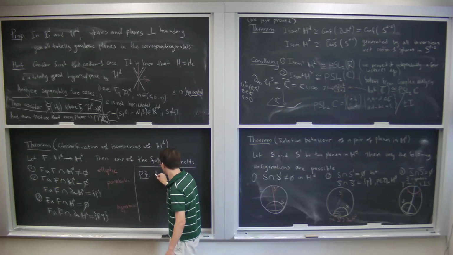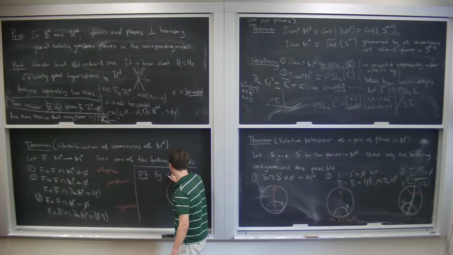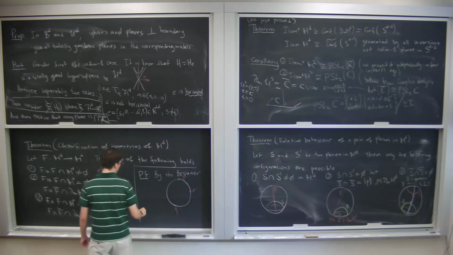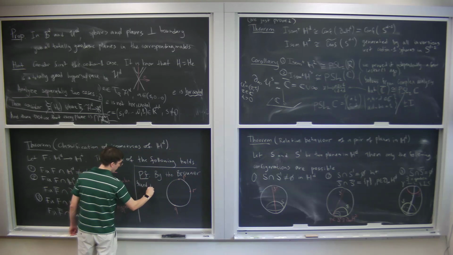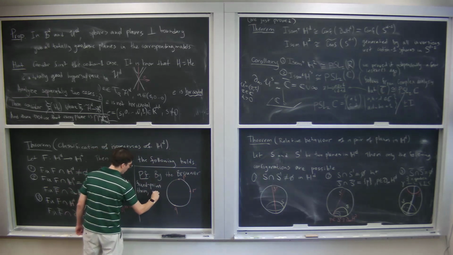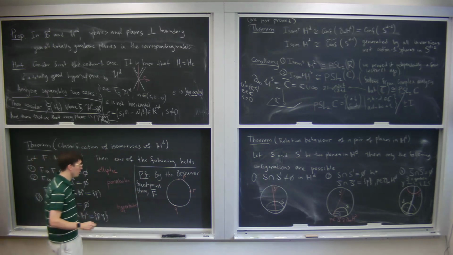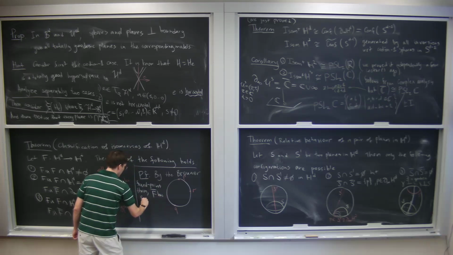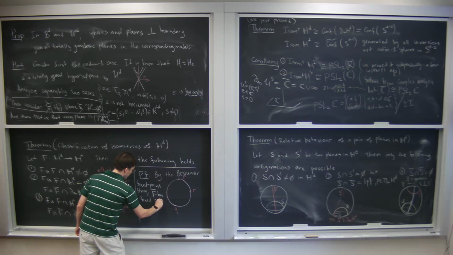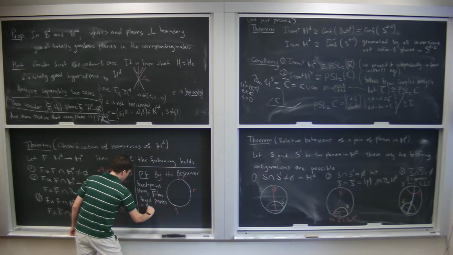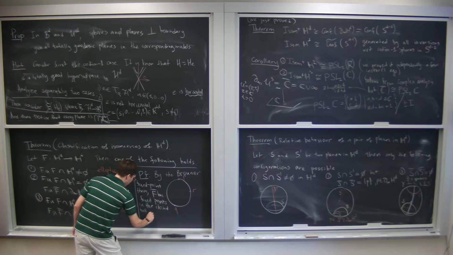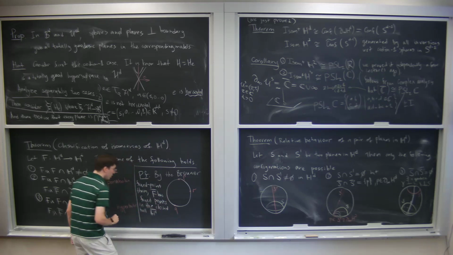But first I need to write that by the Brouwer fixed point theorem, F bar has fixed points in the closed ball, HD bar, right?